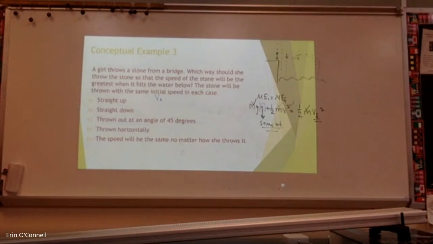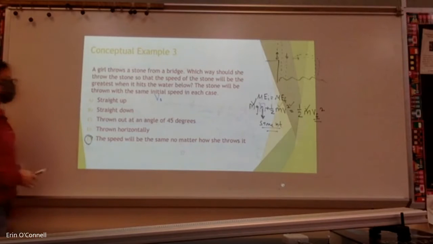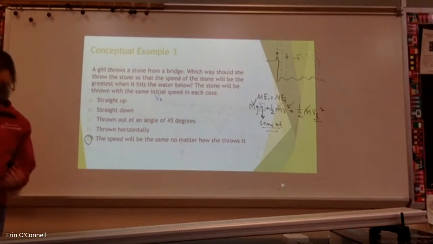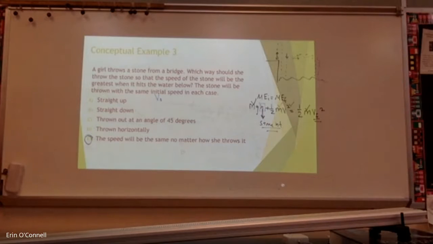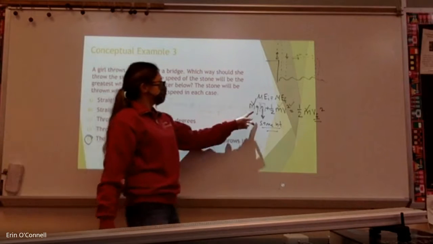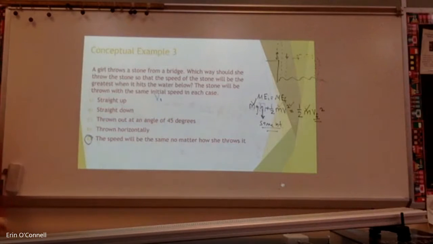It lands at the same height. No matter how it's thrown, it's going to have the same final velocity. So the simplest way to look at it would be in terms of energy, because we can see here that it's really thrown from the same height from the bridge, same distance above the ground.